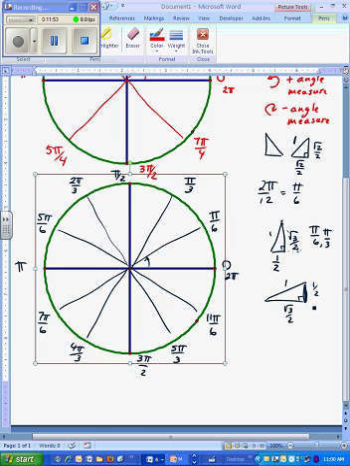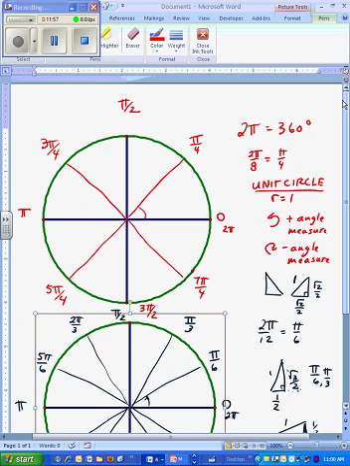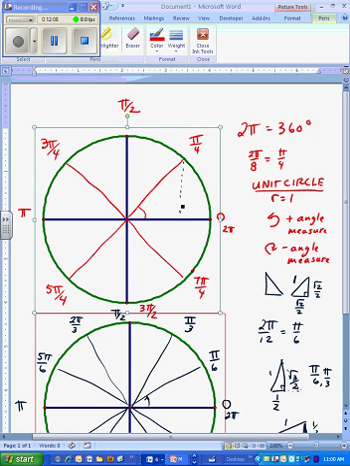Now what I want to do is fit each one of these special triangles onto my graph up here. And so I'm going to do the one in the first quadrant, this one here, because I want to get the coordinates of this point.